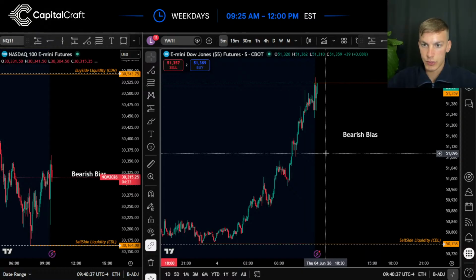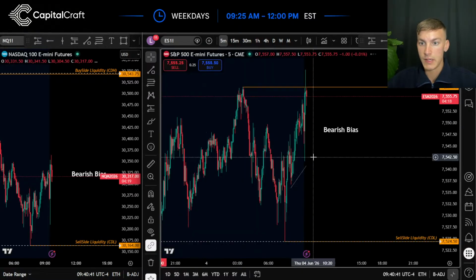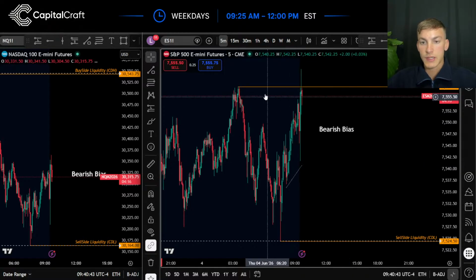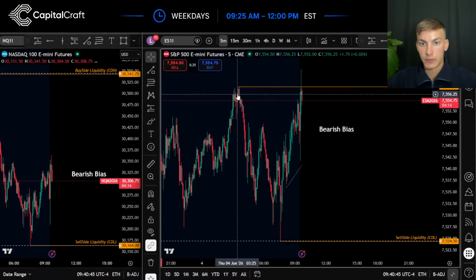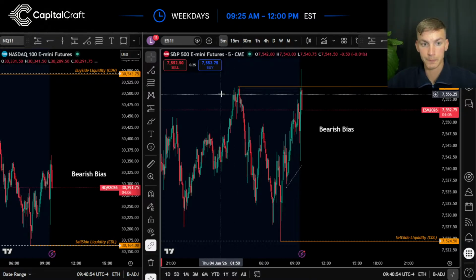Okay, so we are continuously pushing higher on the Dow. The S&P has just taken out its specific buy side level. We aren't, however, getting a significant push towards the downside as of yet. We might see that happen shortly.